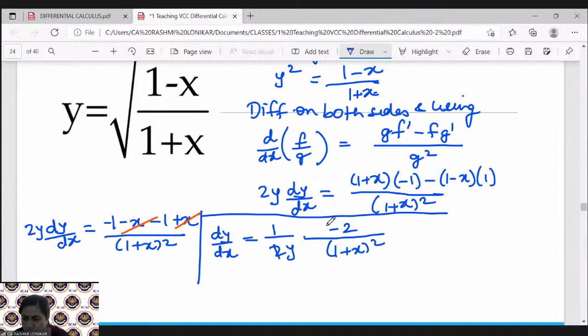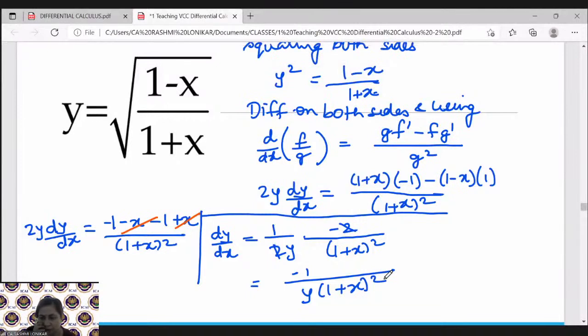Okay, so this 2 will get cancelled with this 2, and what I will have is minus 1 upon y into 1 plus x square. Okay, and then you may even substitute for y. Clear? So you can do it in this way.